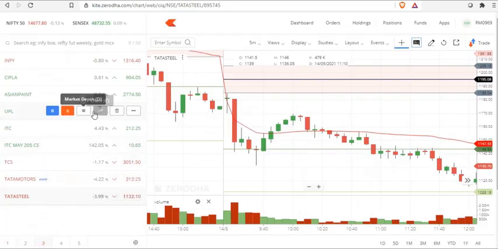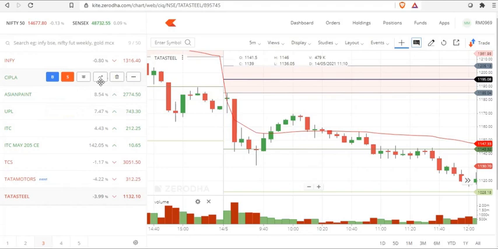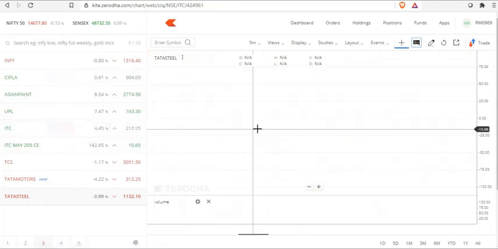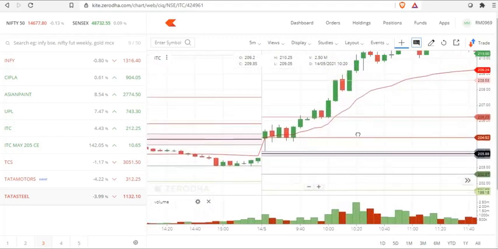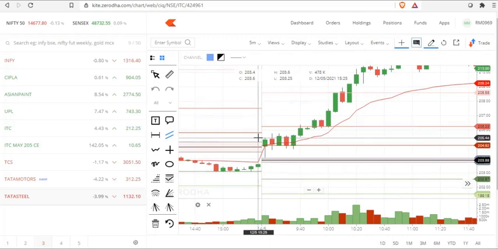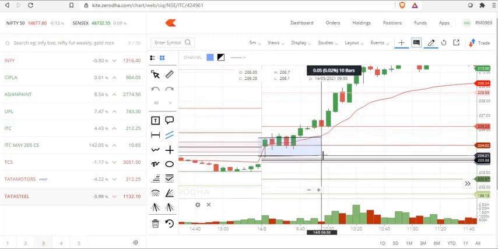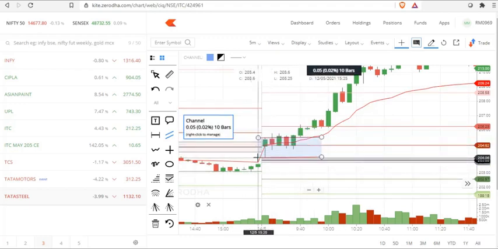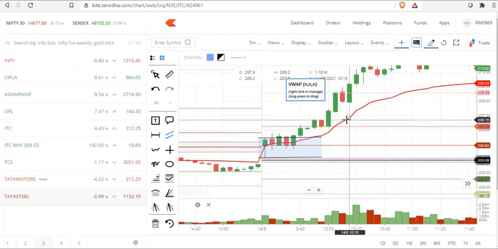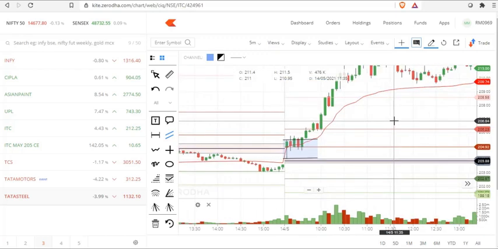Then we can go for UPL, Asian Paints, Cipla. All are moving much higher. ITC, we can go for another stock. ITC on the last day. This is the first 5-minute candle range. Strong support, CPR support here, and the VWAP is also moving up.